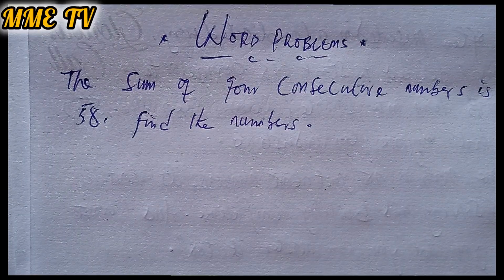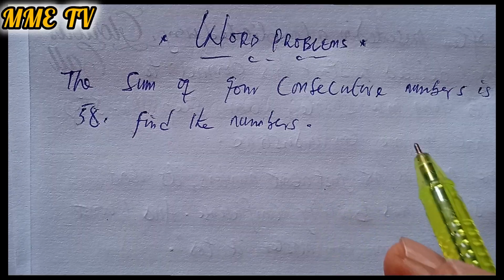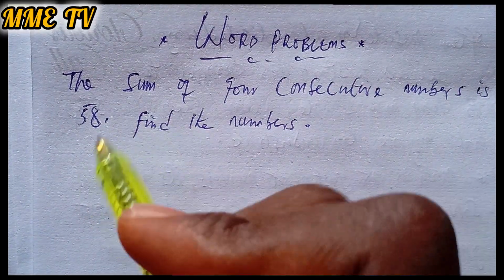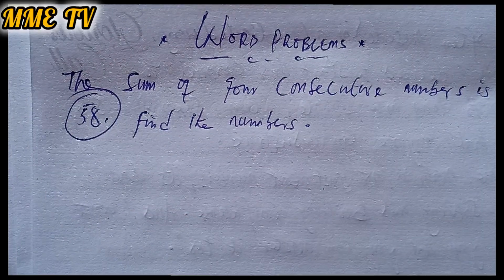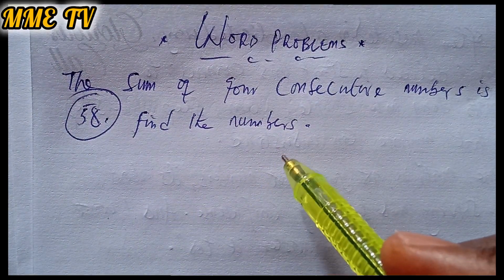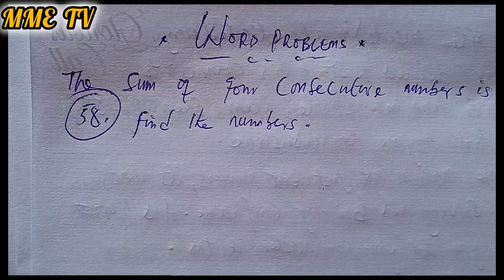Now, in this particular case, they say that the sum of the 4 consecutive numbers is 58. The keyword here is 58, right? And they say we have to find the numbers. How do you go about this?